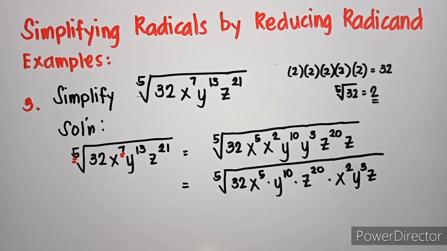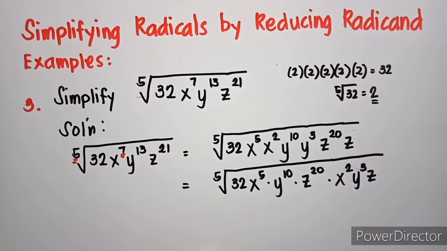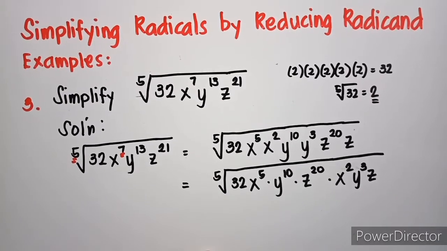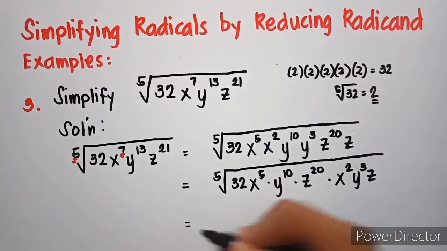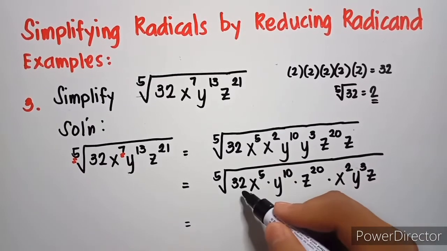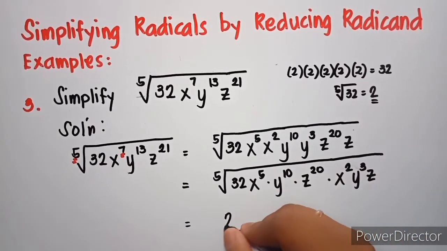Okay? Then let us simplify. The fifth root of 32 is 2.